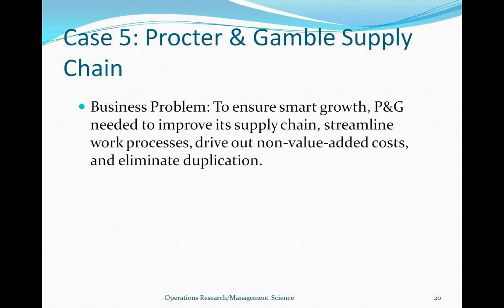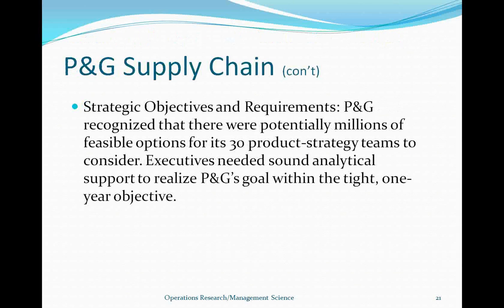Procter & Gamble, it's a supply chain. They produce a huge variety of consumable products, with plants in many different places within the US and across the globe, and many distribution centers. They were looking at their production facilities and also the distribution plan to meet the growing product demand at the lowest cost by consolidating the distribution centers and the production facilities.